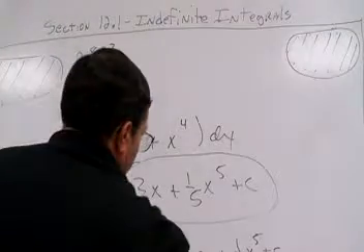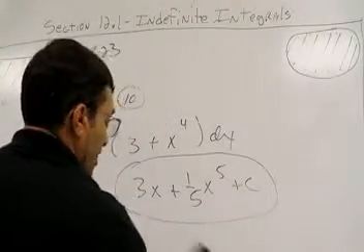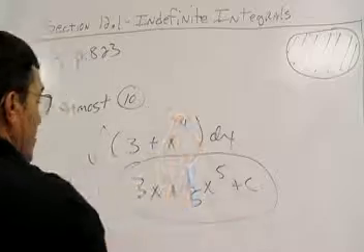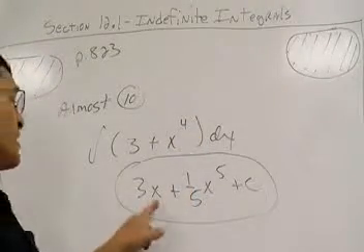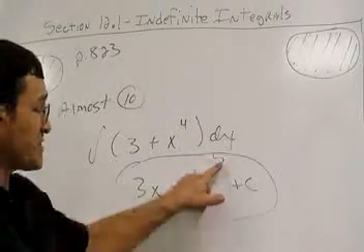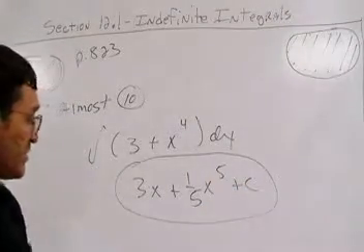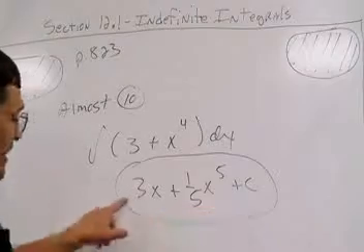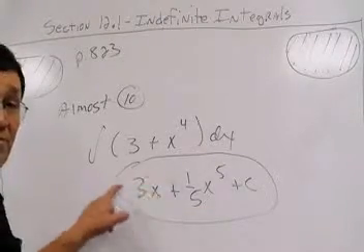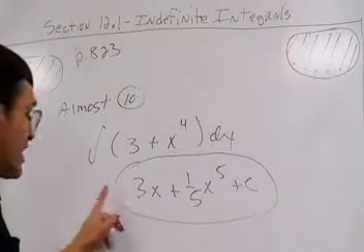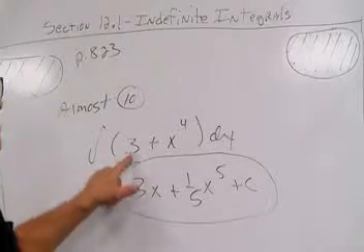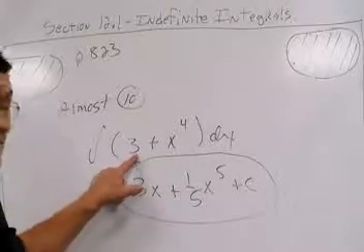And so the antiderivative of 3 plus x to the 4th dx would be 3x plus 1/5 x to the 5th plus c. I'm not going to take time to do it, but if you were to check your answer, if I took 3x, y equals 3x, the derivative of 3x would be 3.